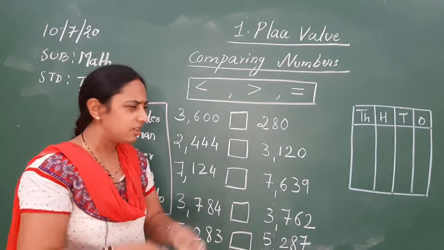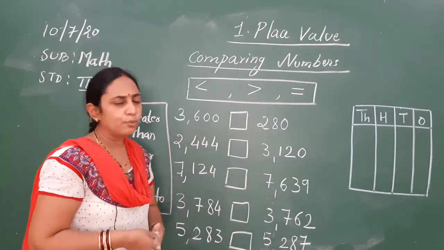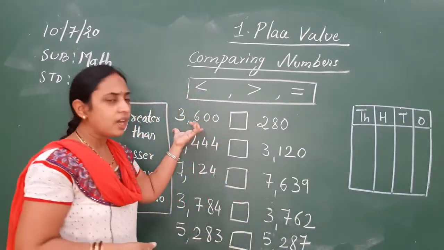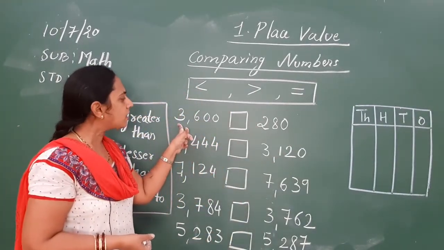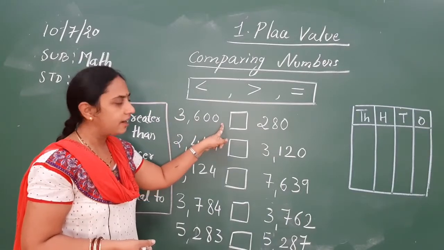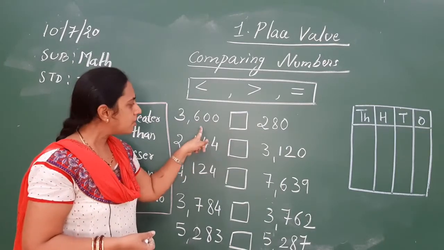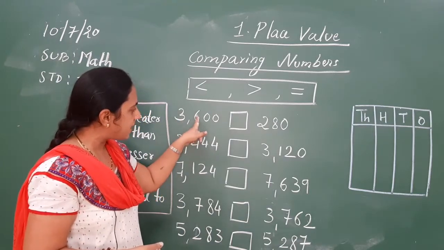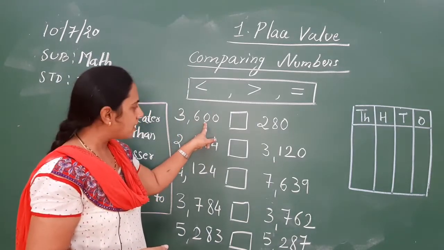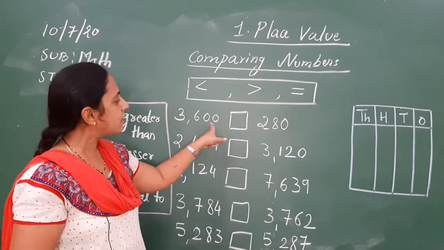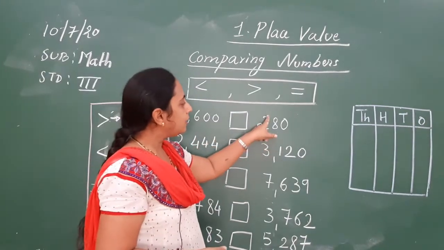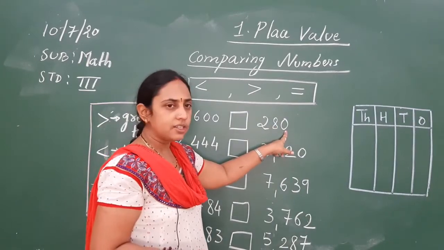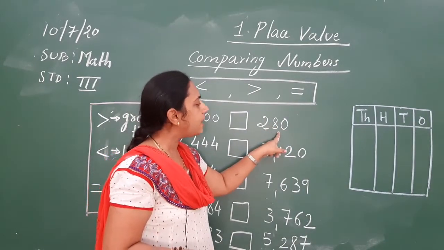See how I am reading 3600: 3000 is in the thousands place, 6 is in the hundreds place, and there is nothing in the tens and ones places, so 600. Here, 2 is in the hundreds place, 8 is in the tens place, and here it is 0, so 280.